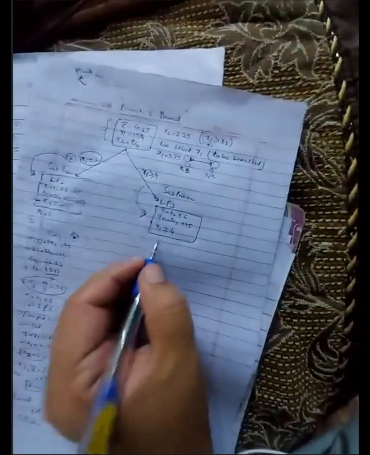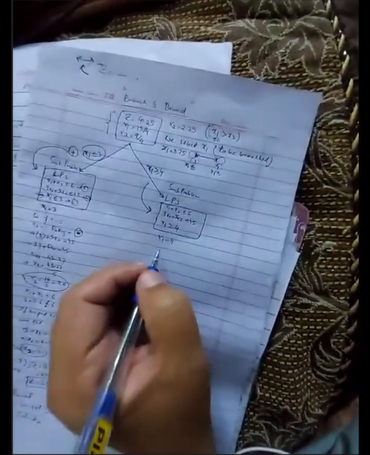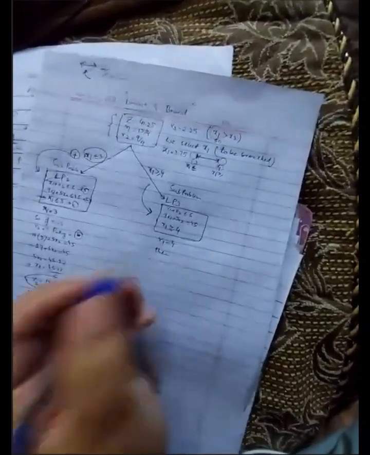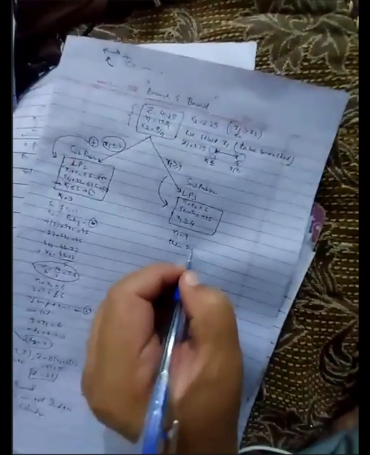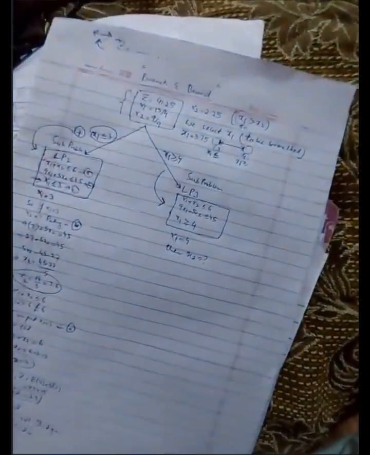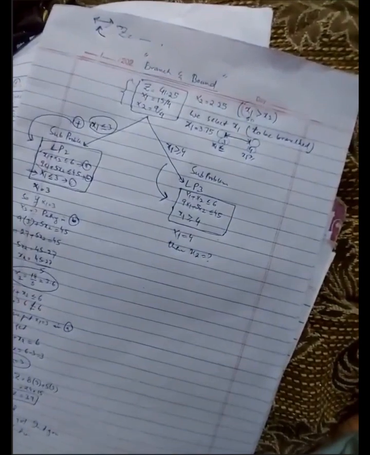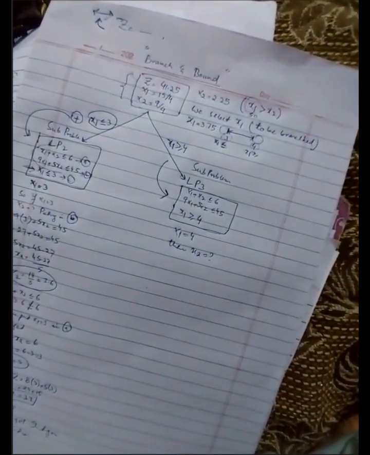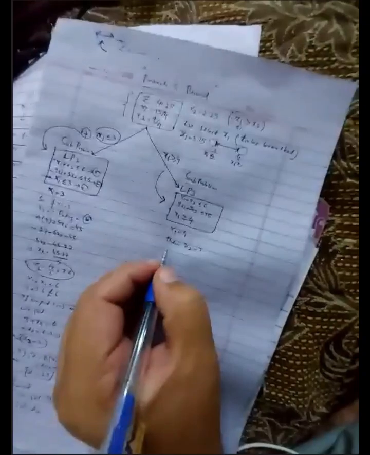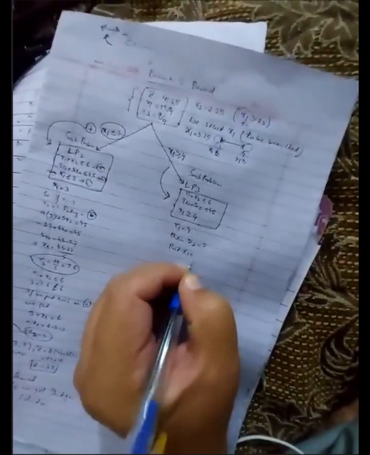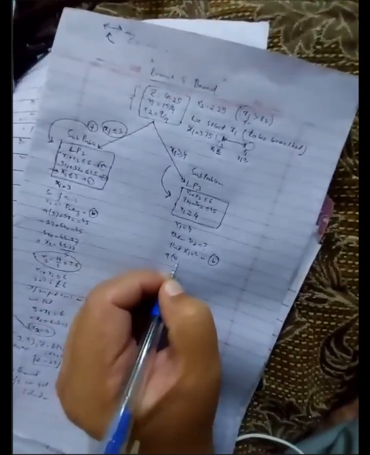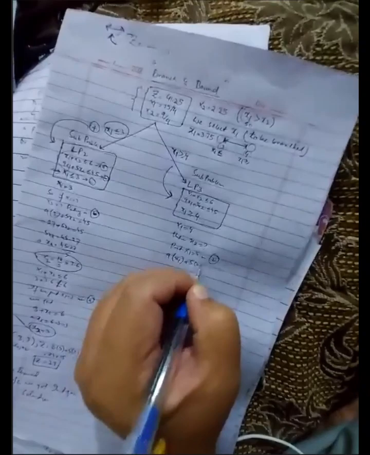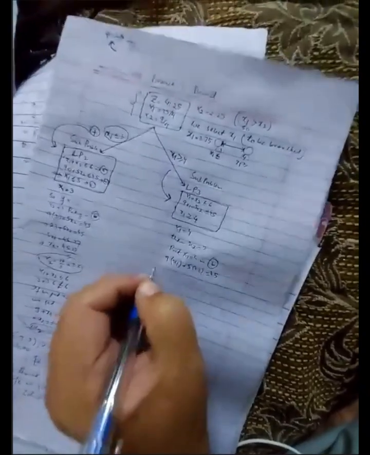Now, for example, we put x1 equal to 4. What will be the value of x2? Put x1 equal to 4 in B. So 9 into x1 plus 5 into x2 is equal to 45.